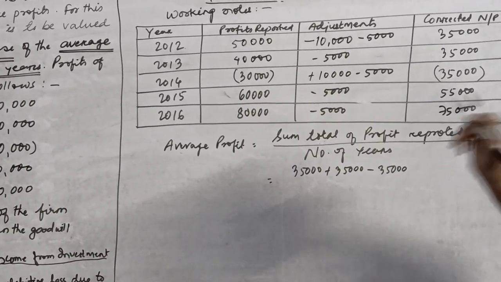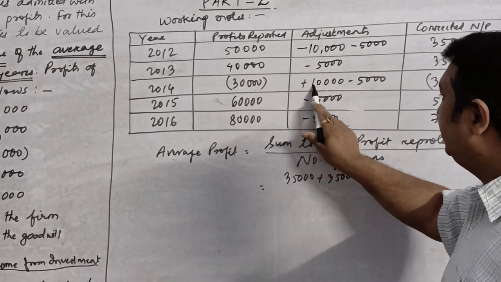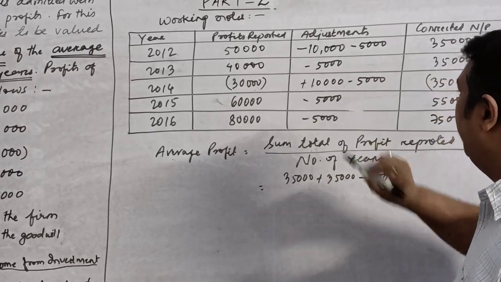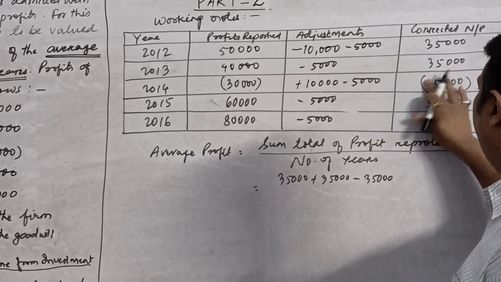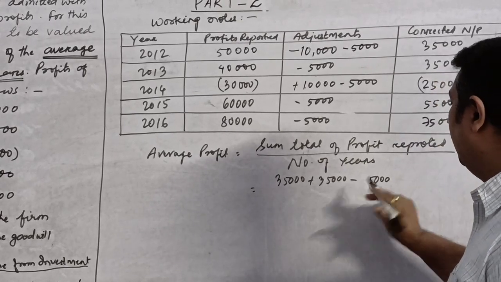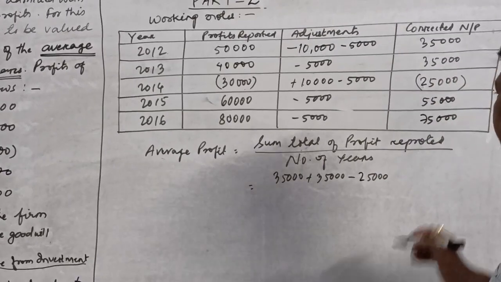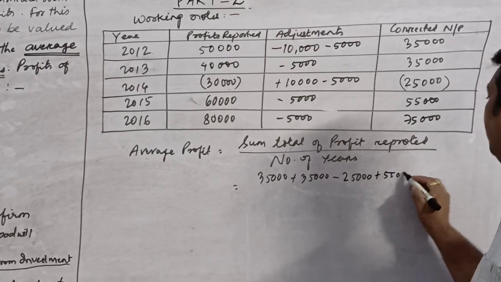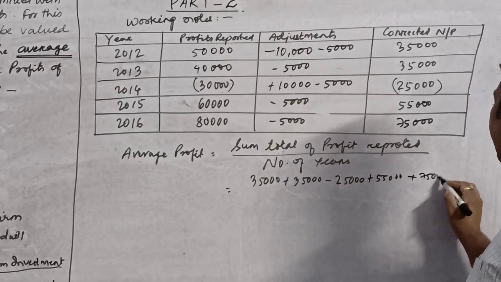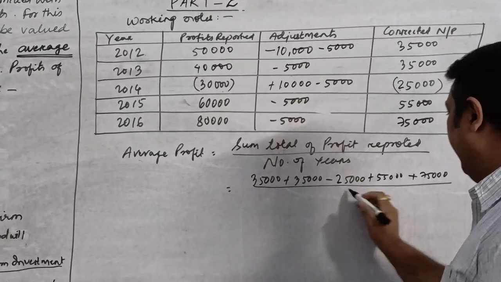My mistake. Minus 30,000 plus 10,000 is minus 20, minus 25, it will be minus 25,000. So it will be minus 25,000 plus 55,000 plus 75,000 divided by 5.